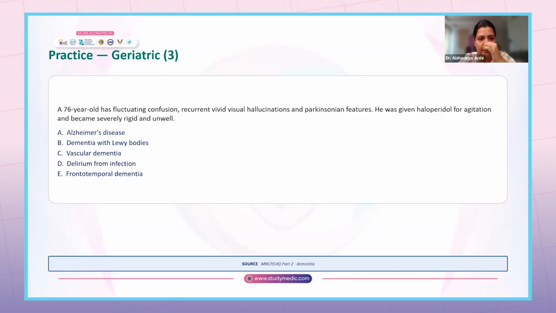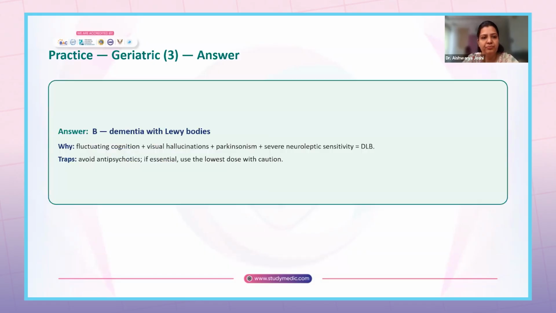What could be the diagnosis? Clearly, it is Lewy body dementia. Haloperidol is an antipsychotic and it causes further cognitive impairment.